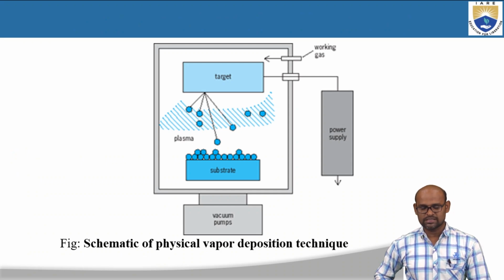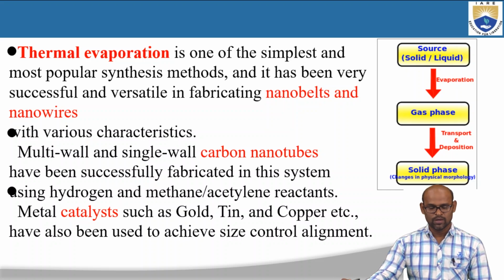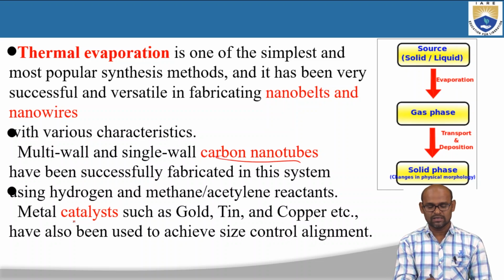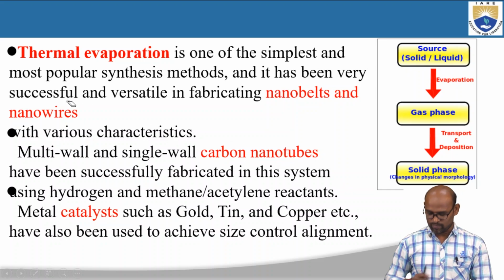Okay, so this is the schematic of the physical vapor deposition technique. Thermal evaporation is one of the simplest and most popular synthesis techniques in physical vapor deposition, and it has been used very successfully and versatilely in fabricating nanobelts and nanowires. This technique is used to prepare multi-wall and single-wall carbon nanotubes, and metal catalysts such as gold and tin are also prepared using thermal evaporation.